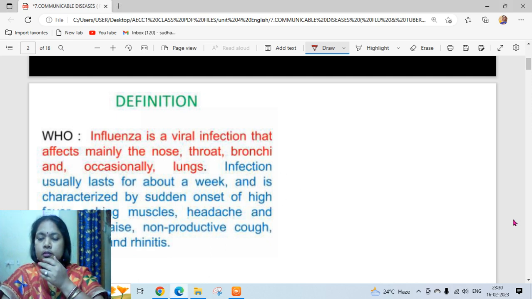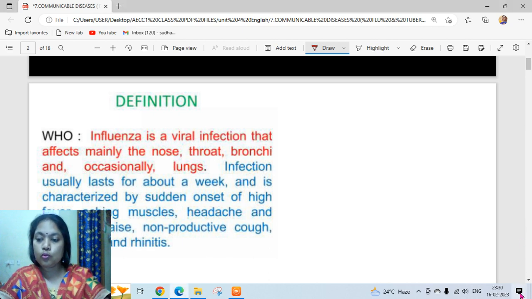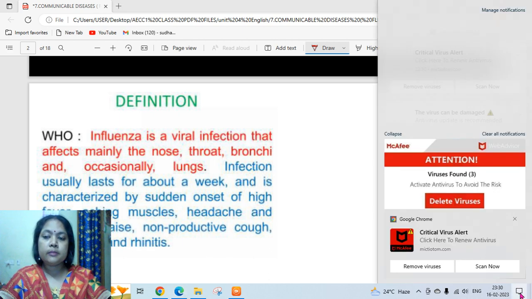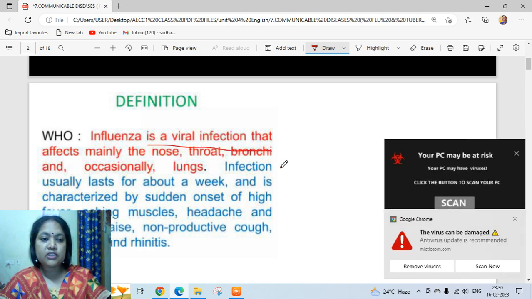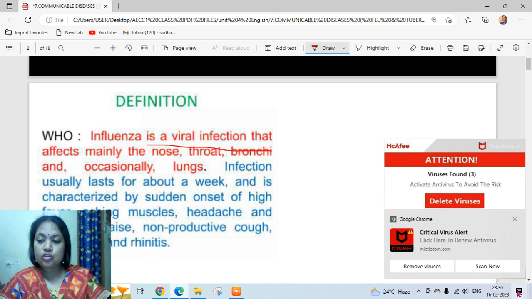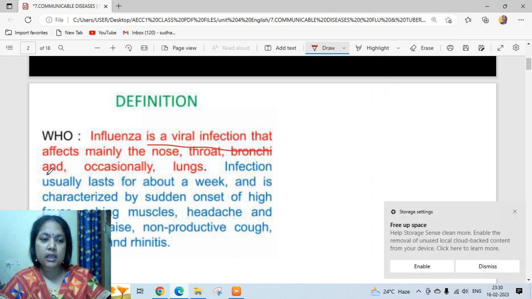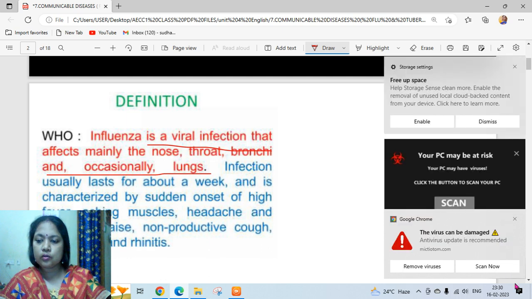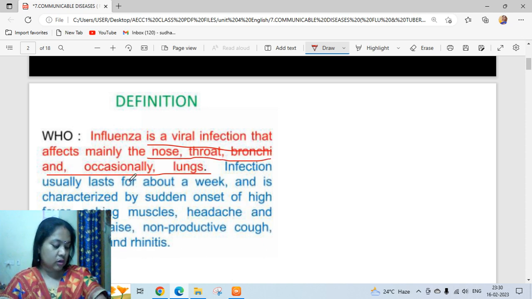WHO defines flu or influenza as a viral infection that affects mainly the nose, throat, bronchi, and occasionally the lungs.